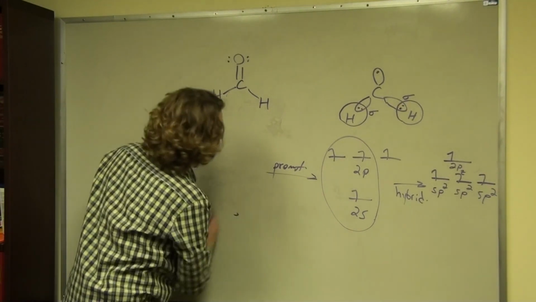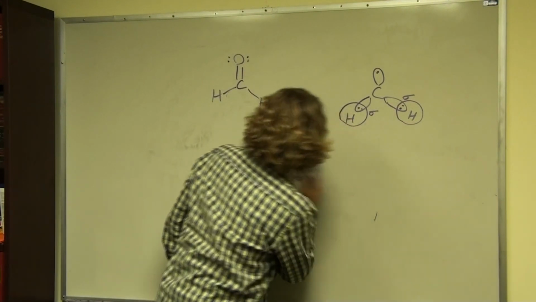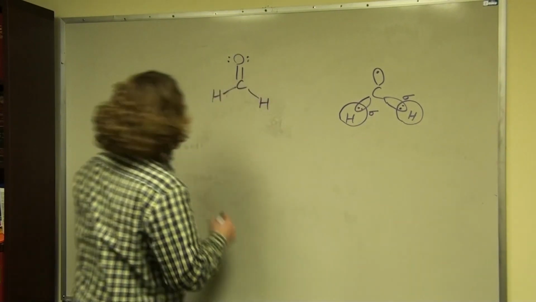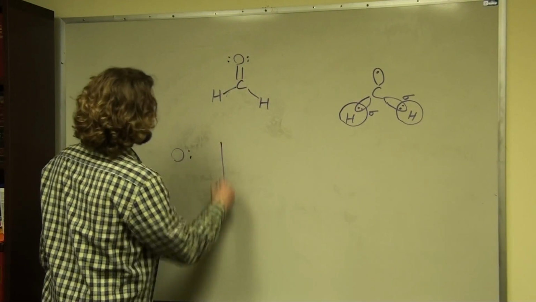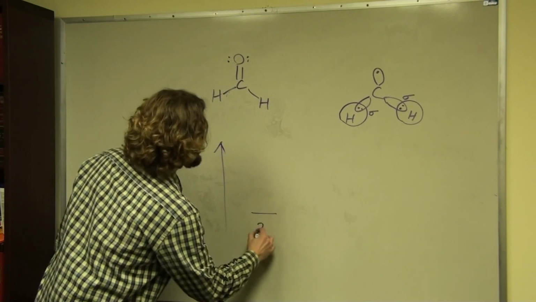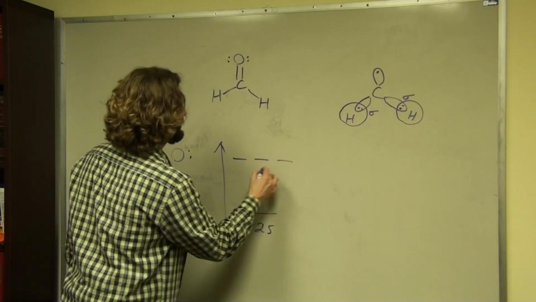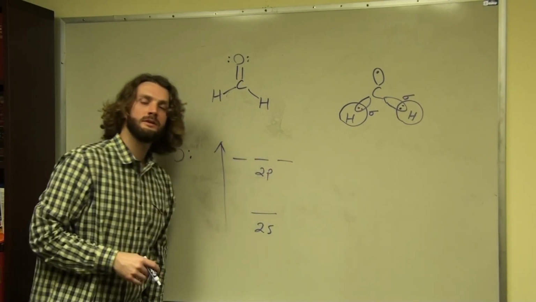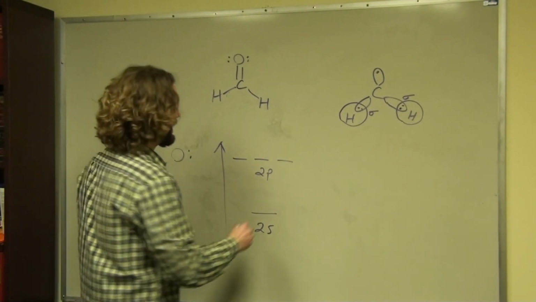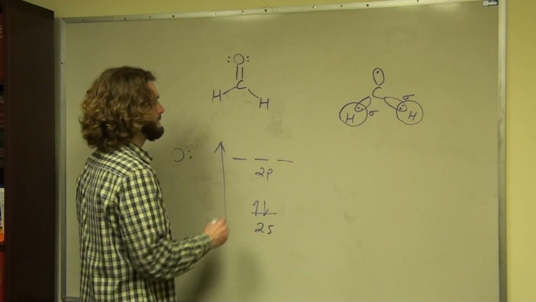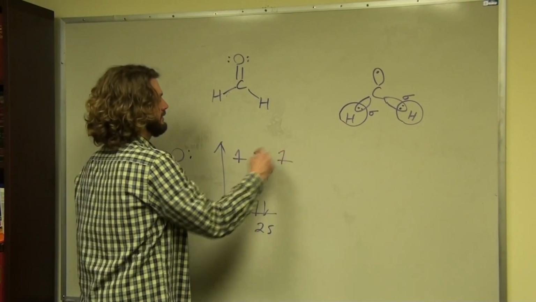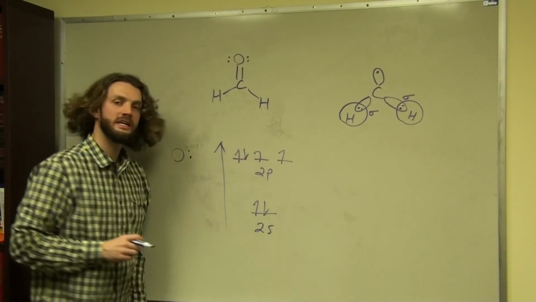So for oxygen, same idea, different numbers of valence electrons. Still have 2s and 2p atomic valence subshells. For oxygen, you're going to have a full 2s, and you're going to have 6 valence electrons, right?